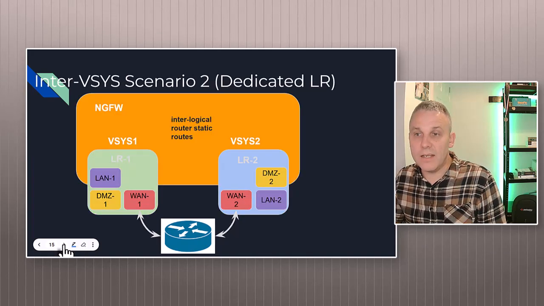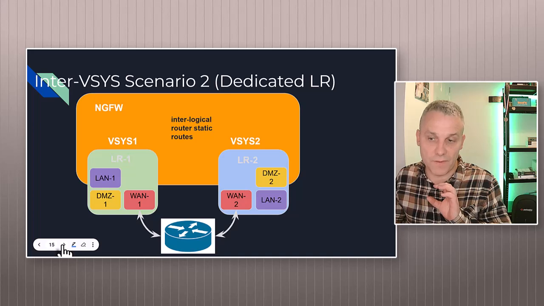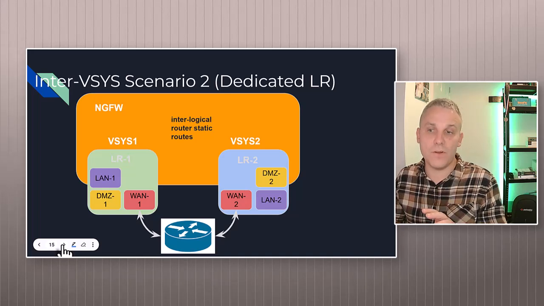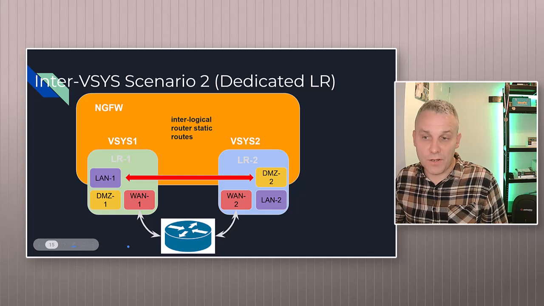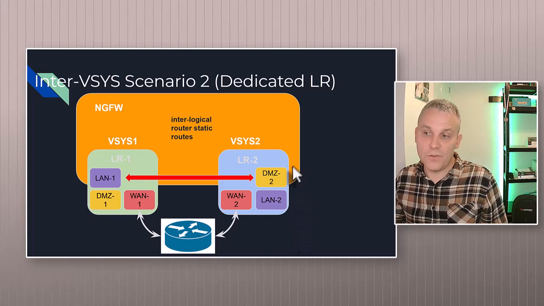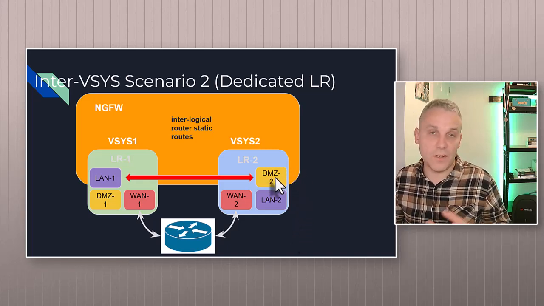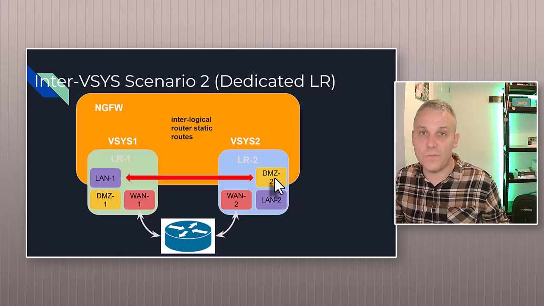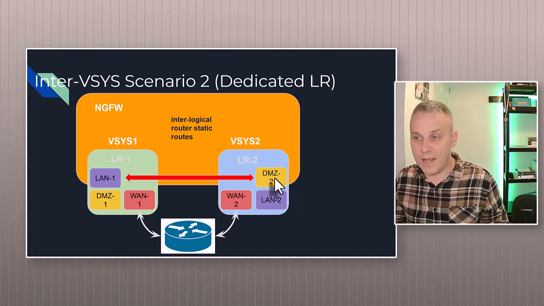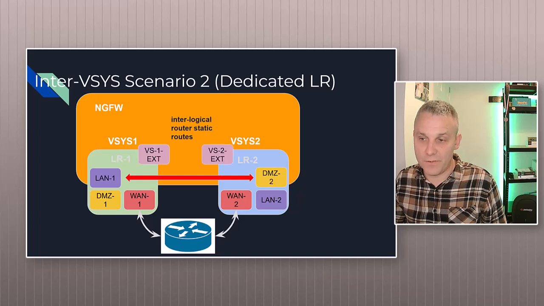Okay, so I'll just get rid of that. The next scenario we're going to look at is where I want the traffic to stay on the firewall, and I want to route traffic again from LAN 1 over to DMZ2. There's going to be a web server in DMZ2, and I'm going to be querying it and making sure the page loads, and also running some speed tests by uploading a file across these different scenarios.